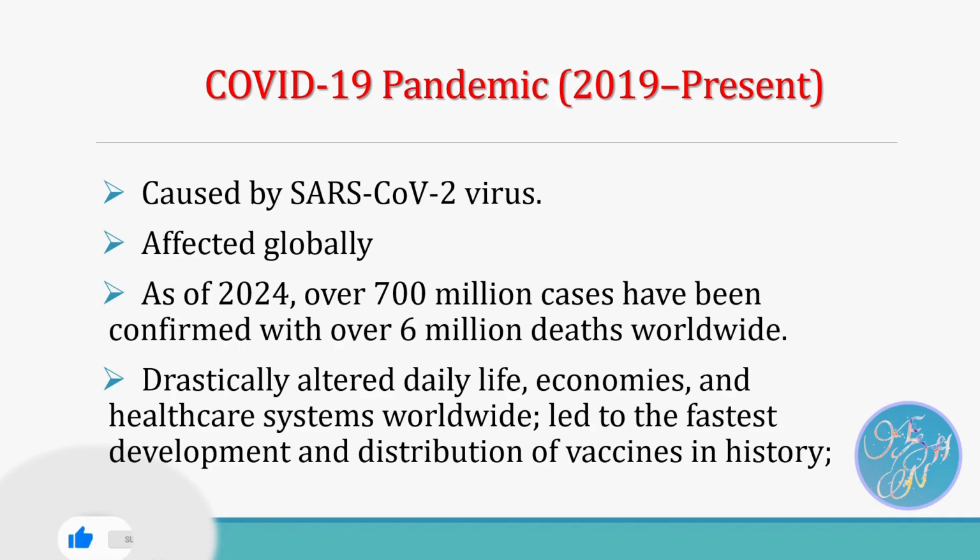By January 2020, the virus began spreading rapidly to other countries, leading the World Health Organization, WHO, to declare a public health emergency of international concern on January 30, 2020. By March 11, 2020, WHO officially declared COVID-19 a pandemic.